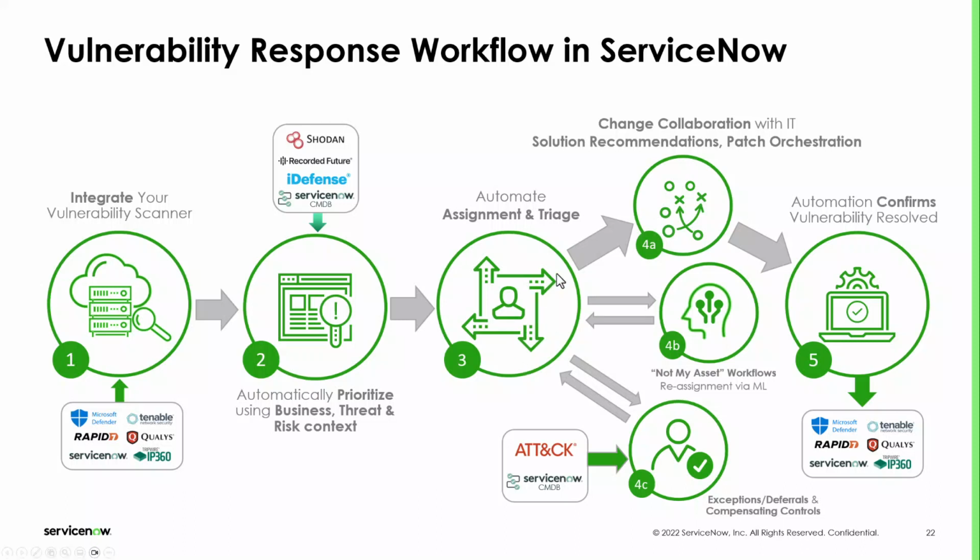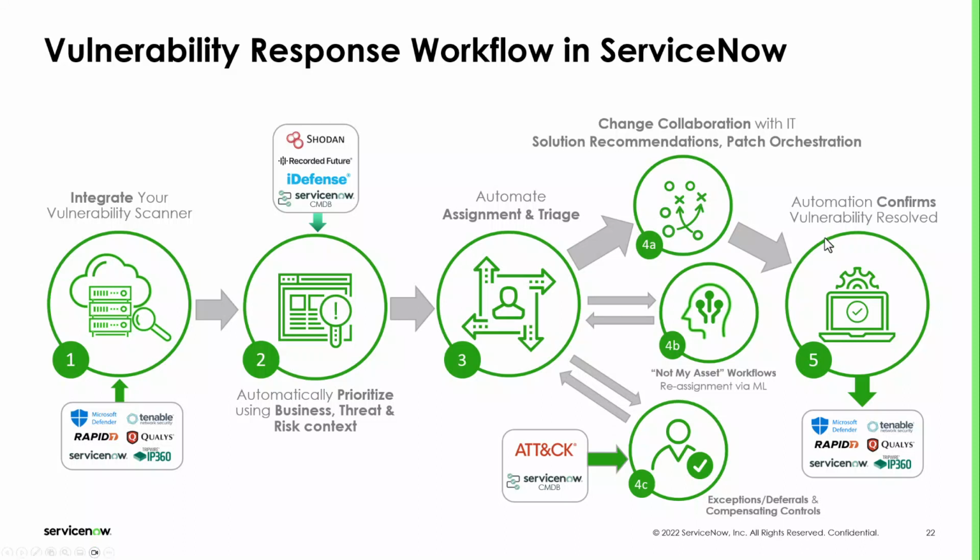But let's go back and follow our path to remediating a vulnerability. So that vulnerability has been automatically assigned to an IT team, and then all within the Now platform, within the same pane of glass, they can start that remediation process. They can reference information from vendors for solution recommendations, and they can start change requests and patch orchestrations to begin remediating those vulnerabilities.